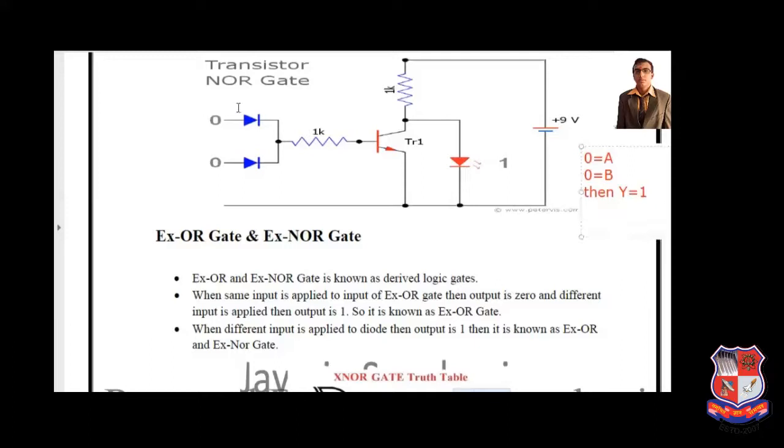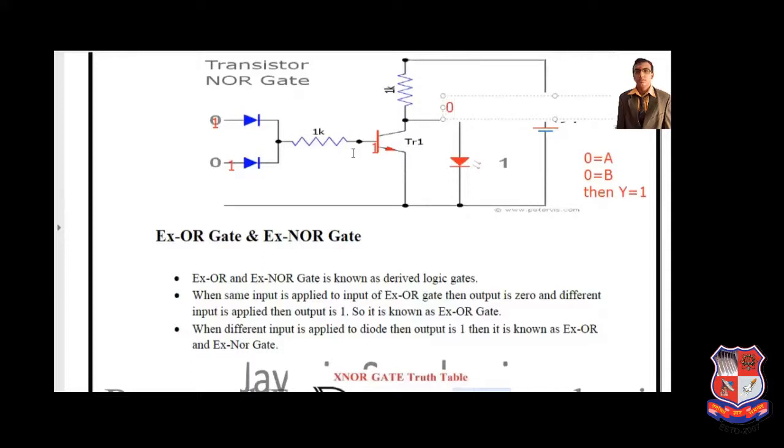Now describe the second case. If we apply 1 input here, 1 input here, and 1 input here also, then obviously the diode can be turned on. So here also we can get 1 volt, but with 1 volt at the base terminal, the voltage here is 0. Why?